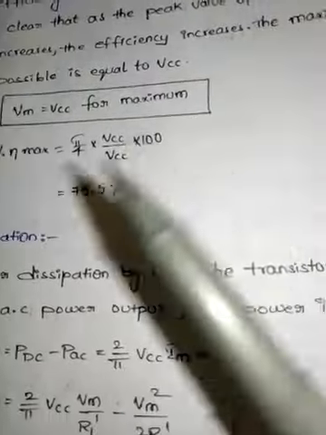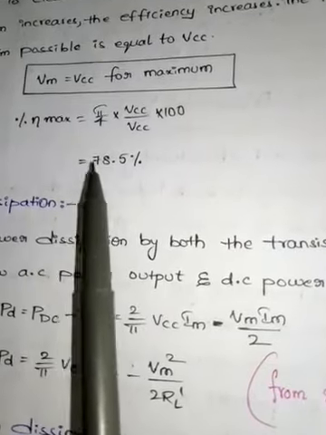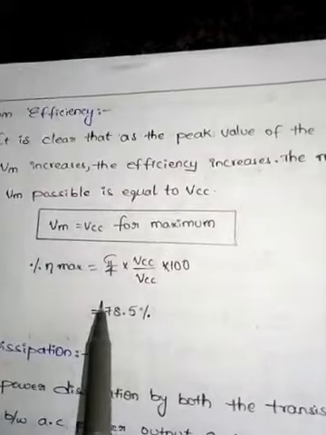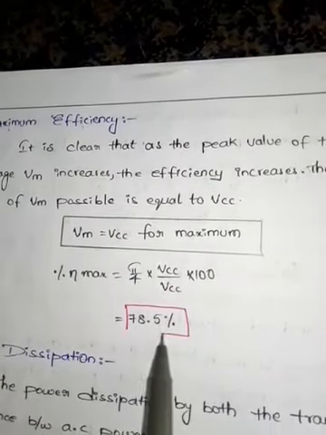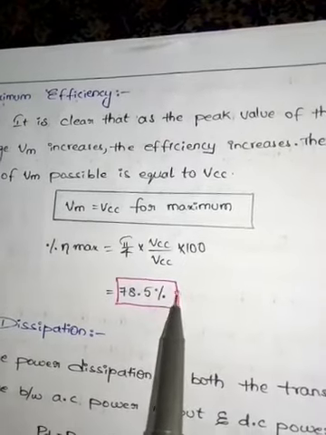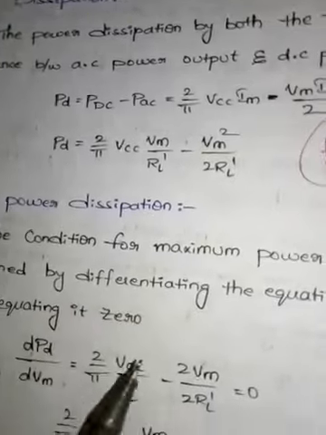Here VCC gets cancelled, so the percentage efficiency is 78.5%. So the maximum percentage efficiency of a class B push-pull amplifier is 78.5%. So next, power dissipation.